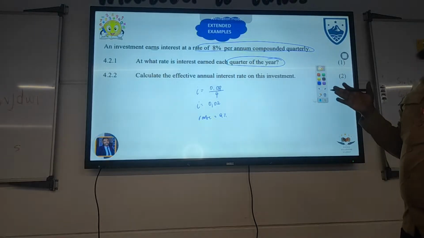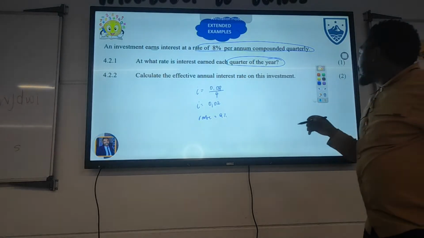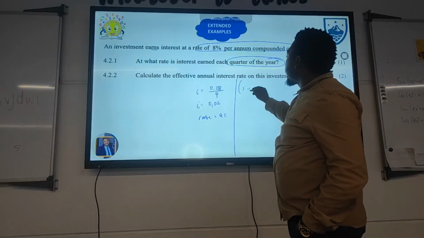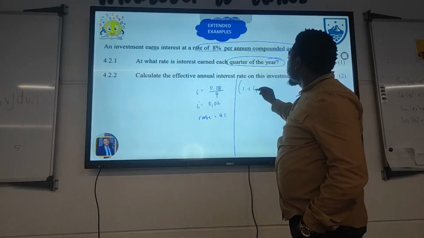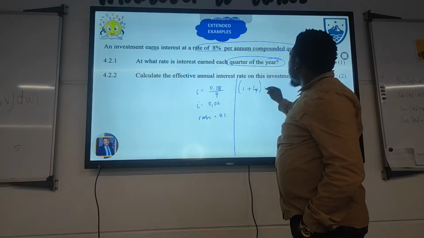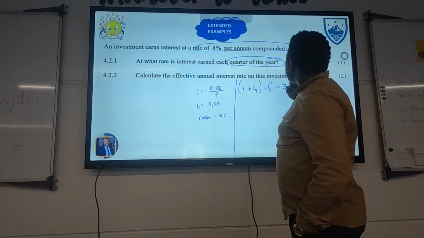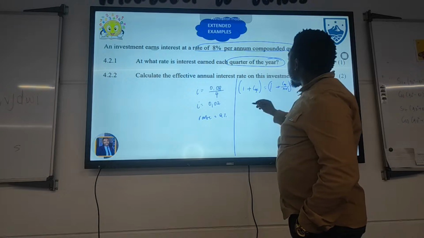4.2.1 was straightforward. Now, calculate the effective annual interest rate on this investment. And we said for effective interest rate, 1 plus i effective is equal to (1 plus i_m over m) to the power of m.